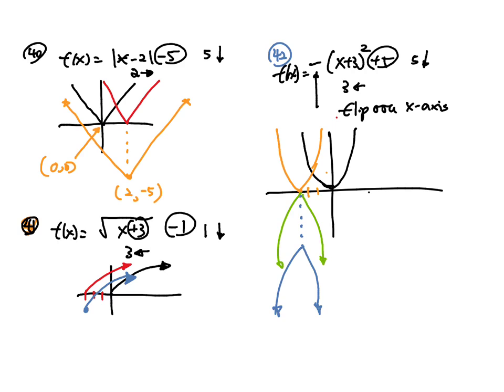Okay, so let's see. Do I have something like that? Let me pause this really quick. Wait, I made a mistake. Plus 5 is not 5 down, it's 5 up. I made a mistake on that. Oops. This is what I get for going too fast. Don't be like me. Take your time.